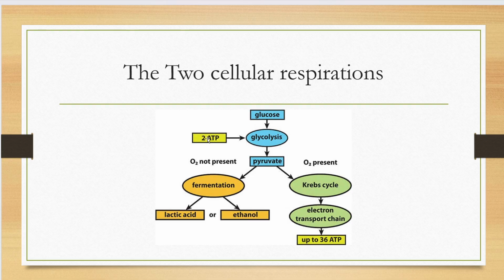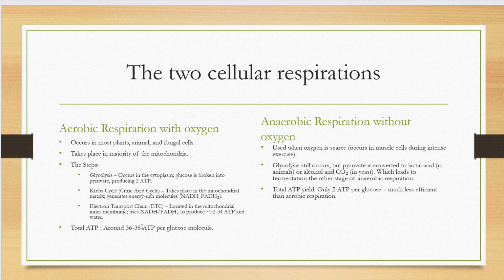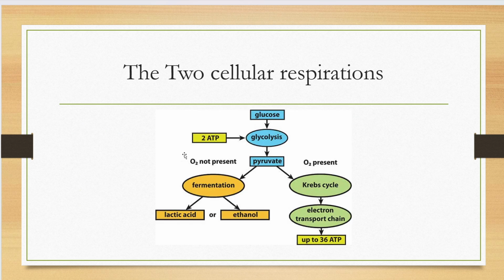With that as well, the 2 ATP is needed, and afterwards, since the oxygen is not present, it goes to fermentation, and from there it goes to the lactic acid or ethanol, which is like an alcohol, in animals and yeast, like I said. Basically this slide shows everything that I just mentioned and explained using this picture.